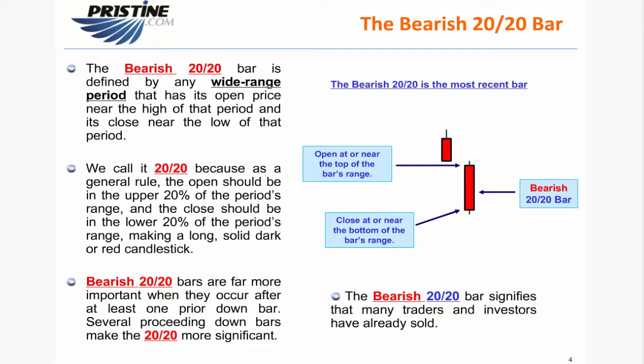Within the context of guerrilla tactics, these bearish 2020 bars are going to be far more important when they occur after at least one prior down bar. But if you can get multiple bars down and then a 2020 bar, it's even better. It's more significant.